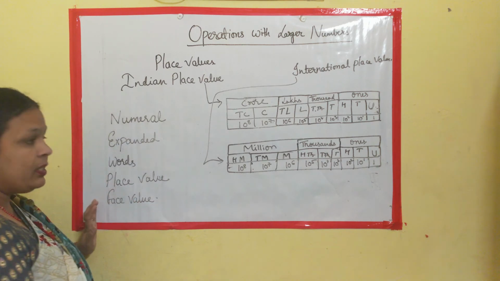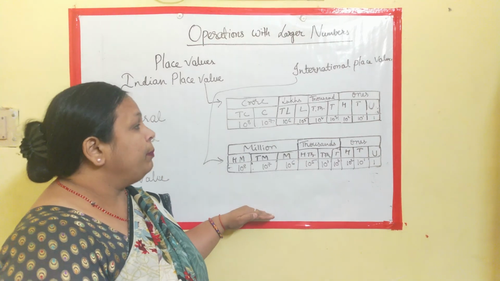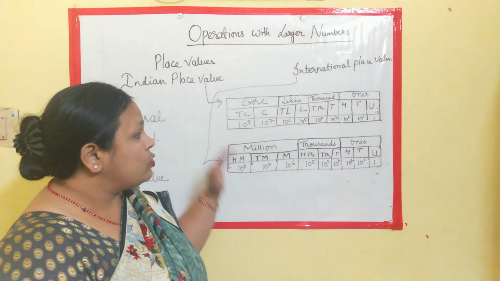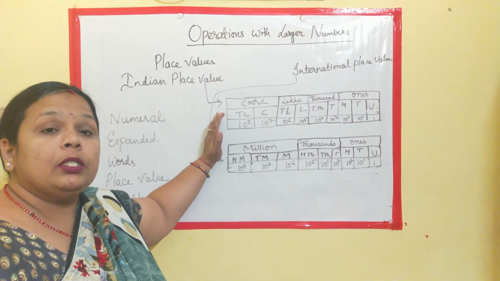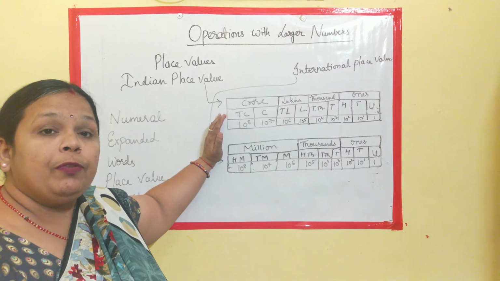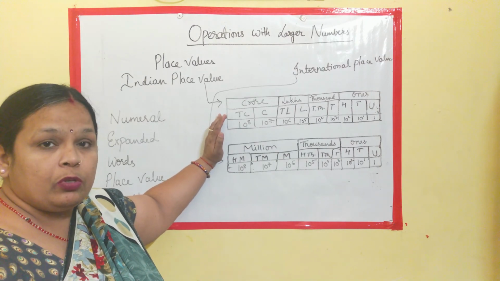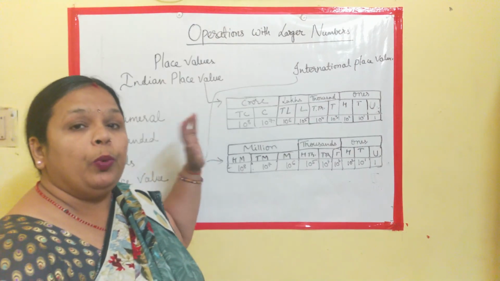To compare or arrange the numbers, the thing required is to be thorough about the chart. If you know the chart, it is very easy for you to do any type of operations. So even today we are going to discuss operations on larger numbers, and for that also the place values are really very important.